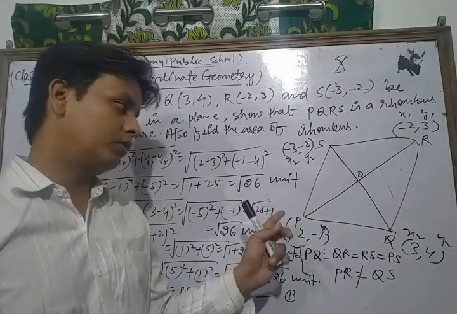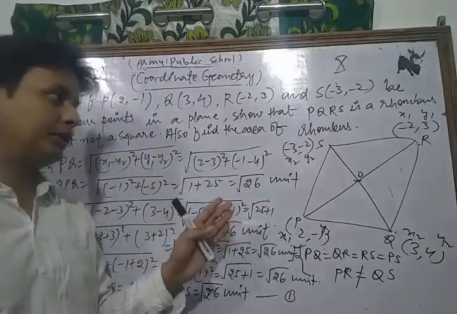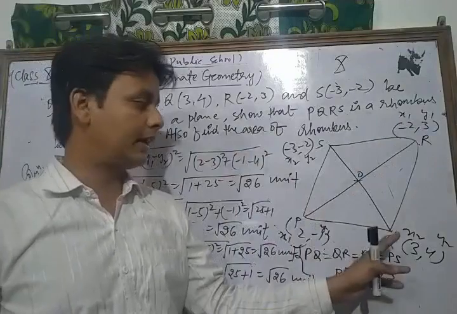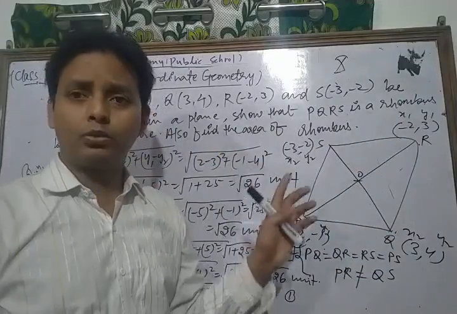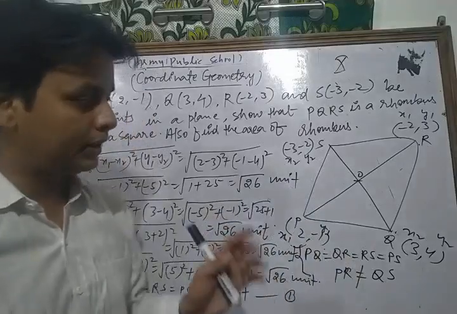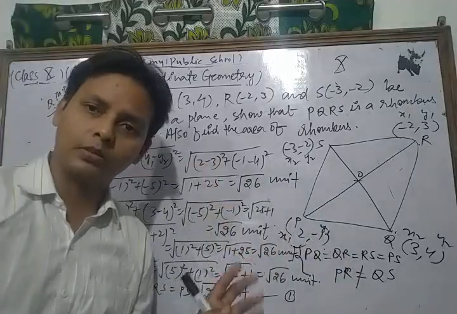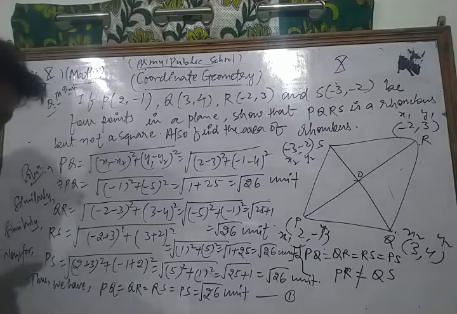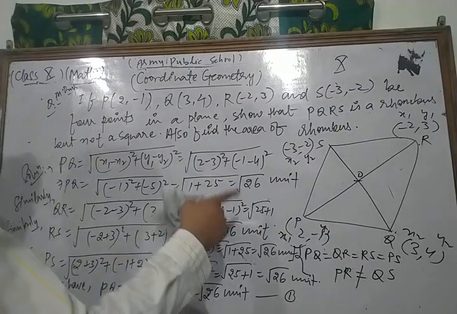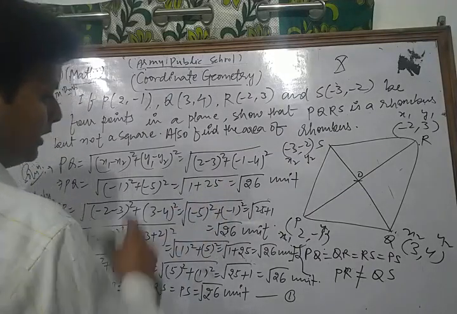So for proving that PQRS is a rhombus, we find diagonals PR as well as QS, and if both are unequal, then we can say that PQRS is a rhombus. Now let's see, we find its diagonals.